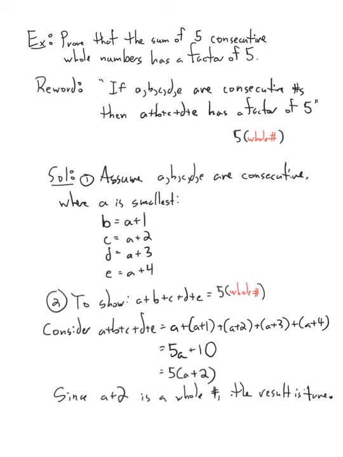We're never going to be in that situation where the if part is true and the then part is false, where we have 5 consecutive numbers here, and the sum doesn't have a factor of 5. We'll never be in that situation. We're always in the situation where we have 5 consecutive numbers, and the sum has a factor of 5. So there is our next example.